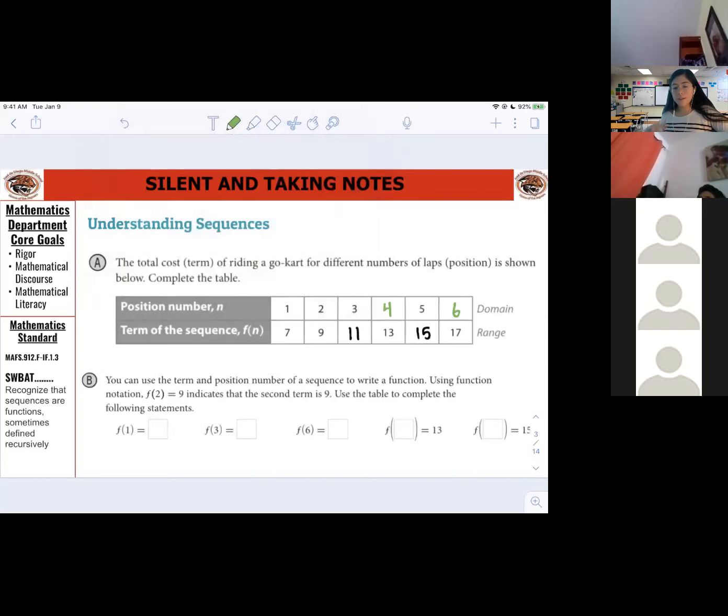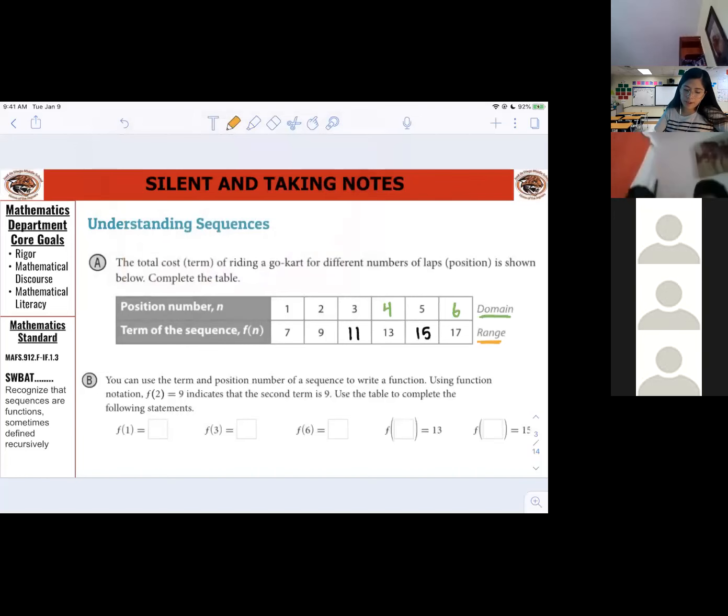So all the sequences we're going to be seeing today are pretty much exactly like functions. It's just a special type of function. So let's take a look at some of the words they use here. Notice how the position number is my domain, and then the terms are the range. So which one is my input? The domain.